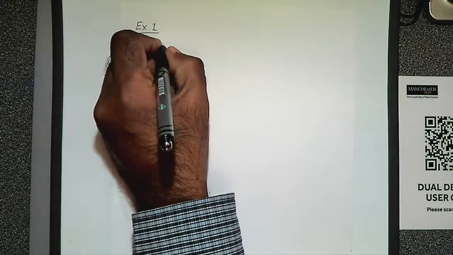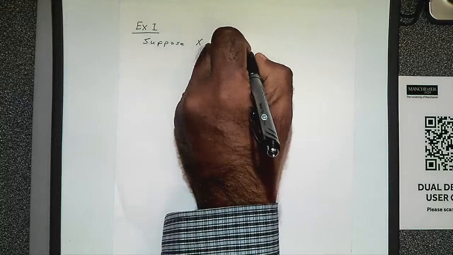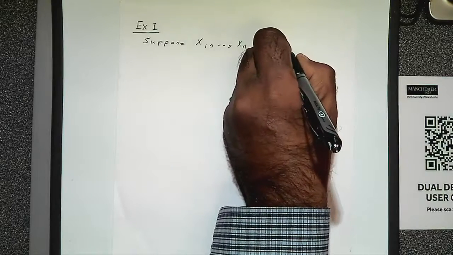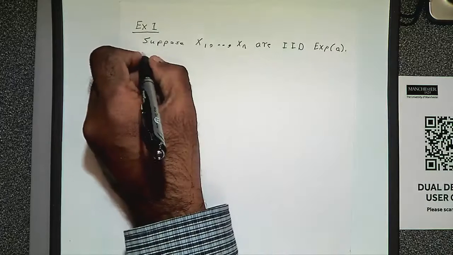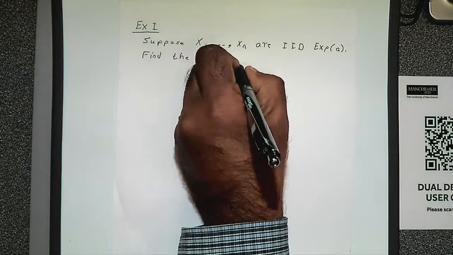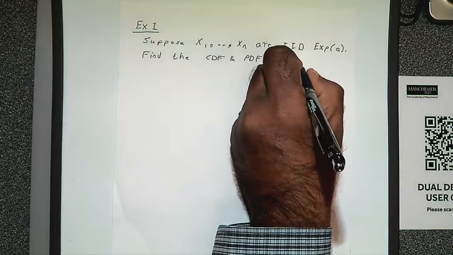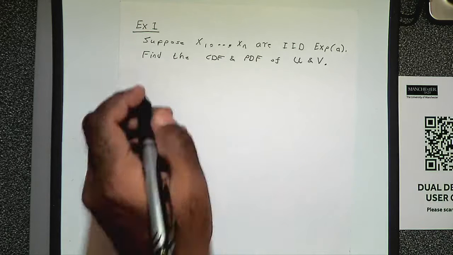So suppose you have a random sample from an exponential distribution with parameter a, and we want to find the CDF and the PDF of U and V. Remember, U represents the minimum portfolio loss and V represents the maximum portfolio loss.